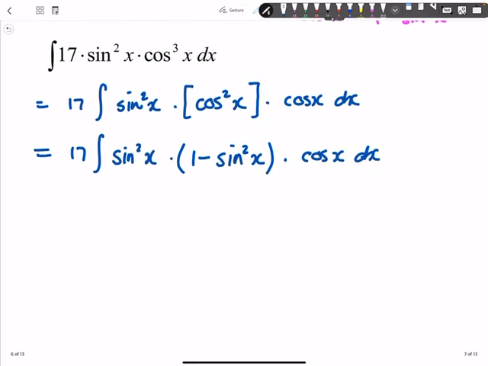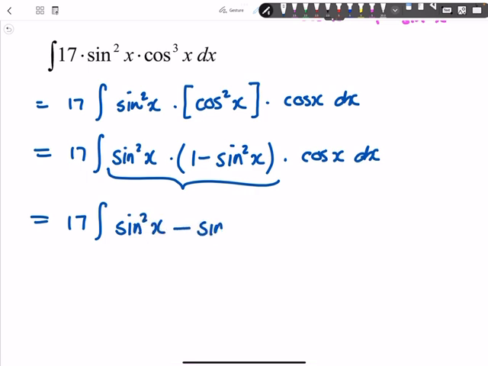All right. So I'm going to distribute these two terms. This gives me 17 times the integral of sine squared of x minus sine to the power 4 of x times cosine of x dx.